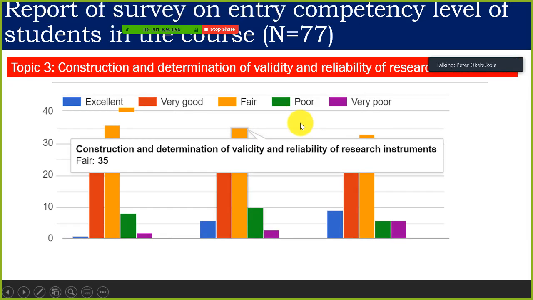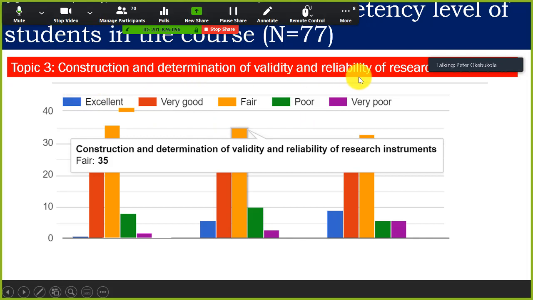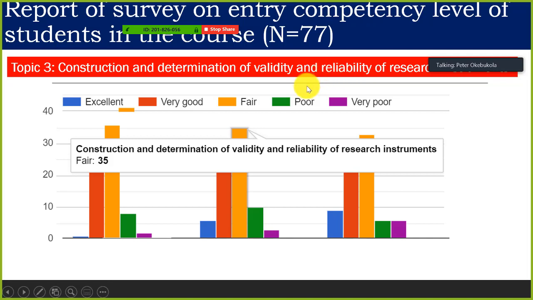Let's go on very quickly. Construction and determination of validity and reliability of research instruments. That's Professor Mike Ove's terrain. About half of you feel confident there.